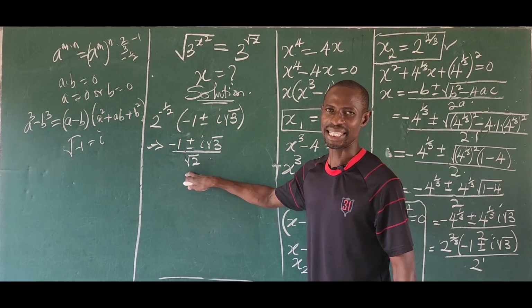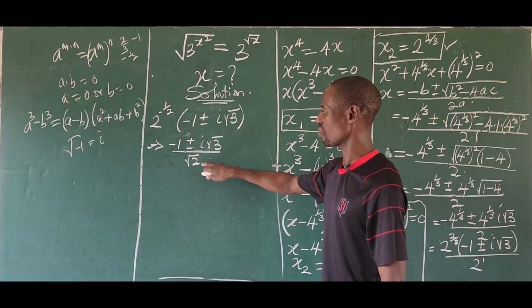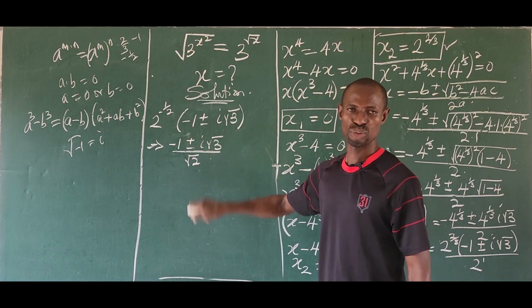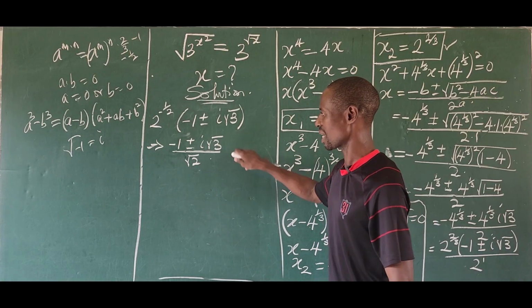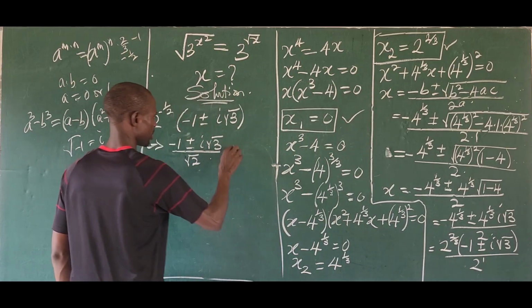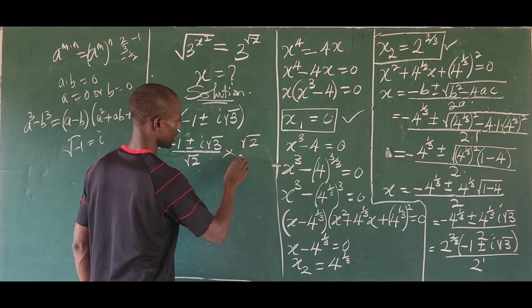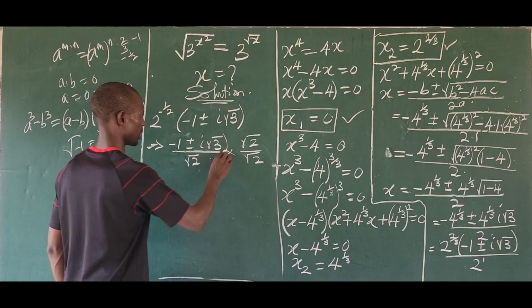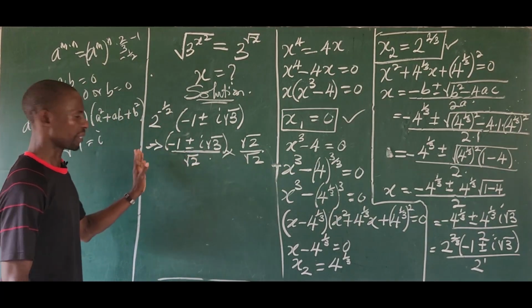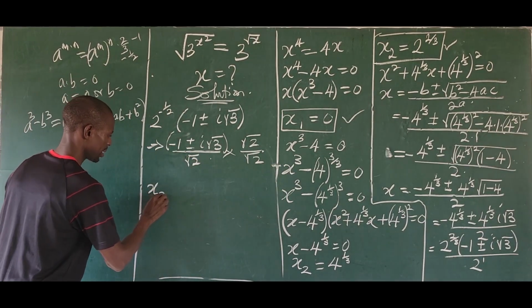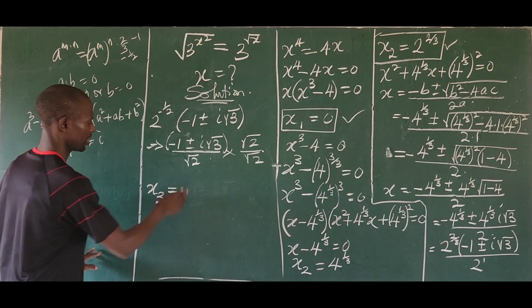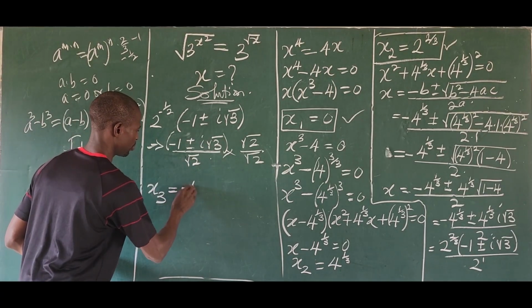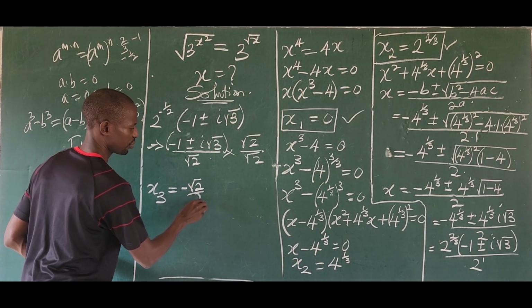But we have to rationalize this. So if we rationalize this, we multiply by root 2. So if we multiply this side by root 2, multiply this side by root 2. So let's just put it down. This all over root 2. So if we multiply out here, we're going to have our x3. This is going to give us our minus root 2 all over 2.